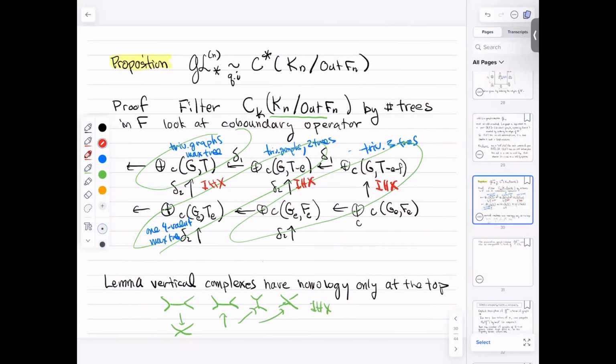Yeah, I guess I'd stop there. So that proves the theorem that if I first do the vertical guys, what's left is the stuff at the top, which is exactly the Lie graph complex.